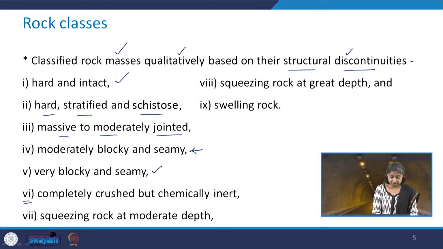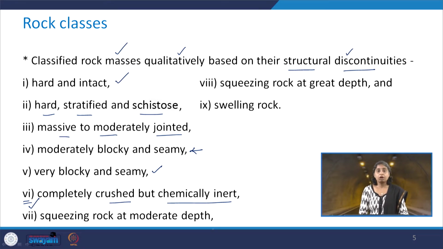Then the sixth one is completely crushed but chemically inert. Then comes the seventh, which was defined as squeezing rock at moderate depth, followed by another category defined as squeezing rock at great depth, and finally the swelling rock.